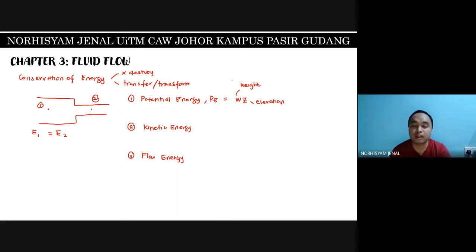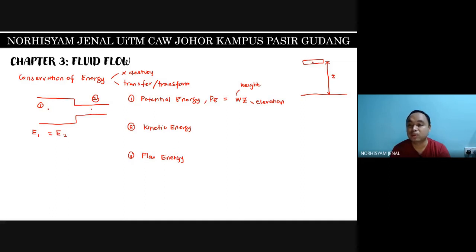And the meaning of elevation is, for example, if this is a floor and a body is positioned up here, the elevation is the distance between the body and the floor of our study. So this is elevation.